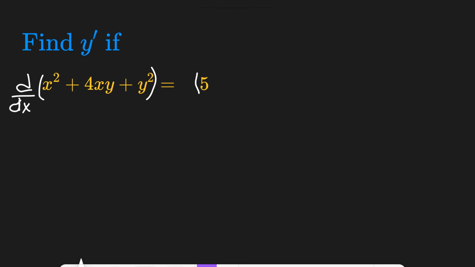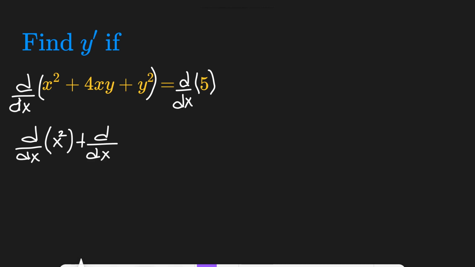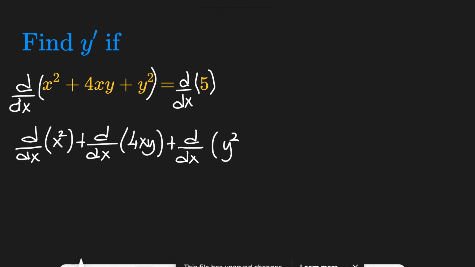Let's apply the derivative operator to both sides and distribute it into the addition. The derivative of a constant is 0, so we put 0 on the right hand side.